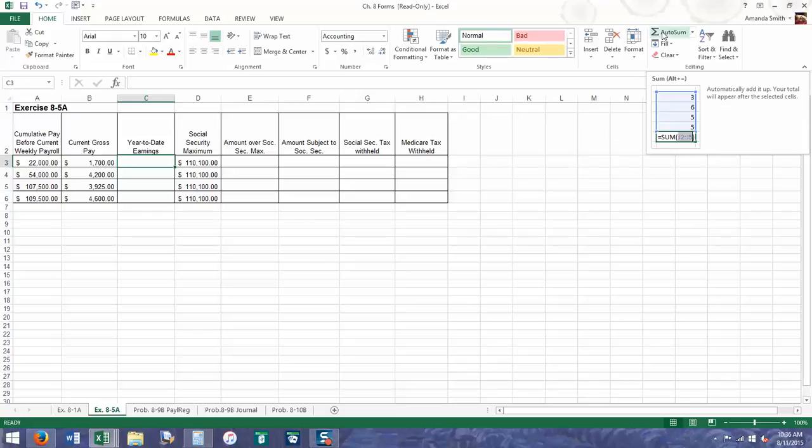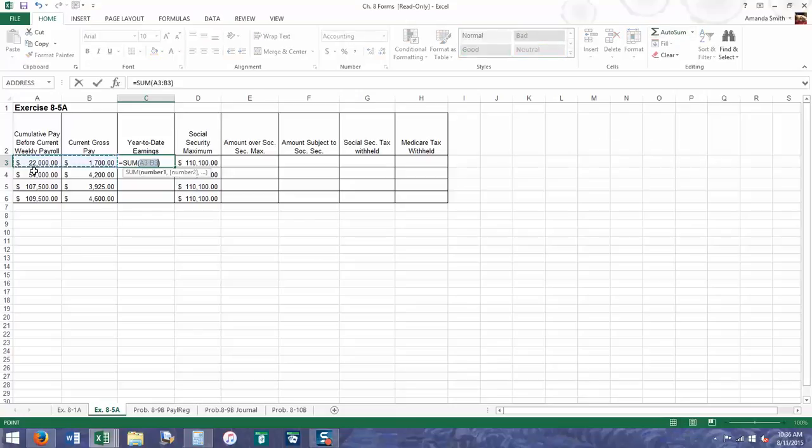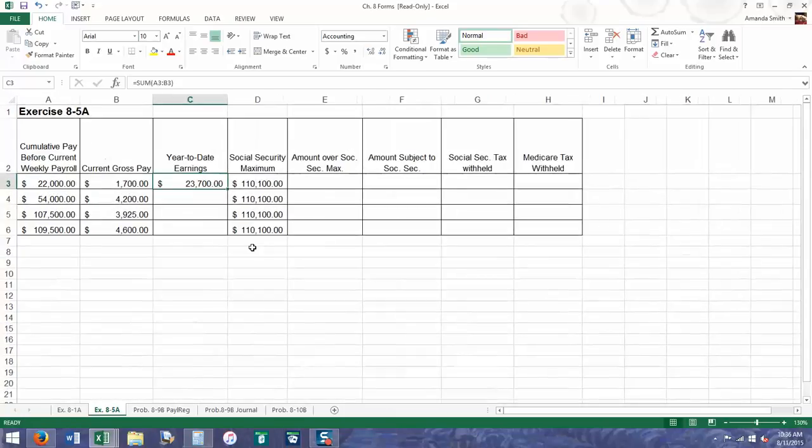So I'm going to go up here to Auto Sum, and it should automatically select the two correct amounts. I'm going to press Enter. That does it for us. And then since we already used one formula, let me make this larger for you so you can see. I'm going to go down here to the little square, and then you get the little plus sign. I'm going to left click and scroll down, and it's going to copy the formula the rest of the way.